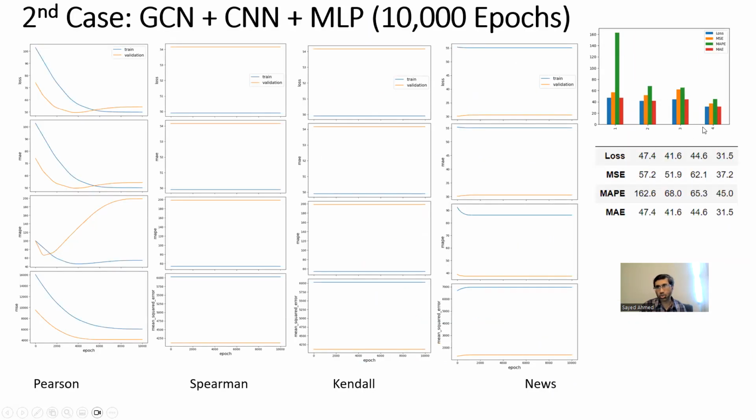At 10,000 you can see NEWS, then Spearman, then Kendall, then Pearson, and you can see the corresponding numbers here, and you can see that graph there, 10,000 epochs. So in my case, it looks like I'm getting more NEWS and then Spearman, Kendall sometimes coming, but I think sometimes Pearson is also there.